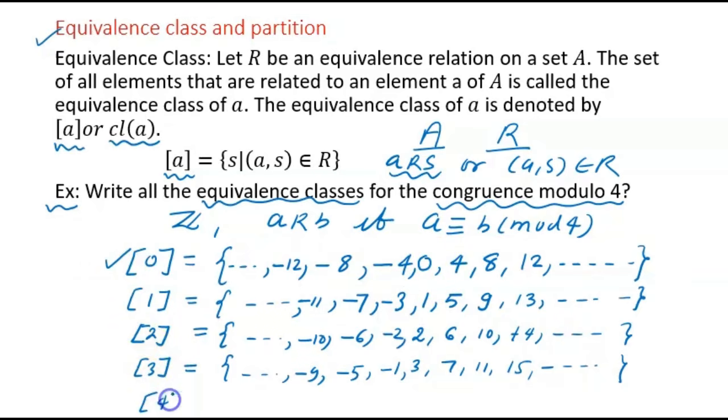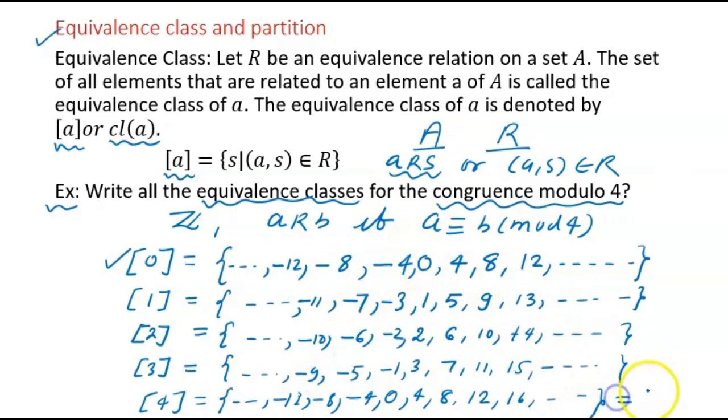Class of 4 will have what elements? It will have 4, right? Then 4 plus 4, 8, it will have 8, it will have 12, it will have 16, and so on, and it will have 4 minus 4, 0, then minus 4, and then minus 8, and then minus 12, and so on. So did you notice one thing, that this class of 4 is same as class of 0?